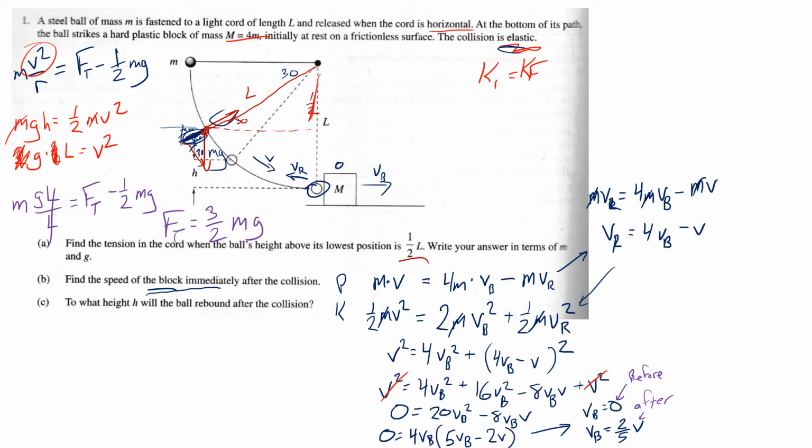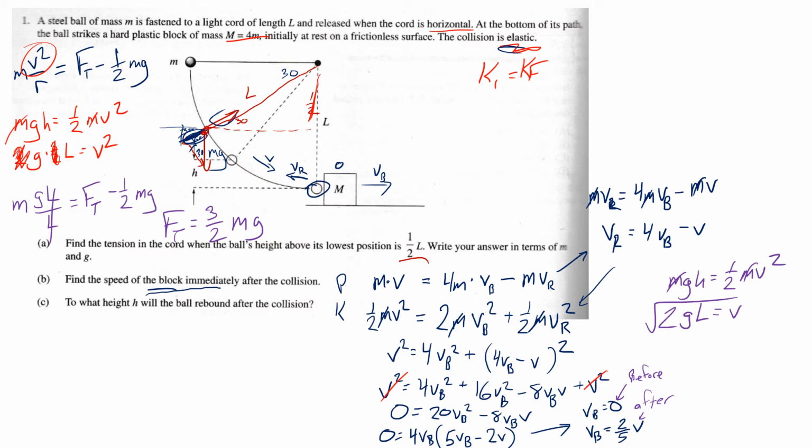But I know what you're saying. Well, what was the ball traveling on the way down? Well, funny you should ask, because mgh is equal to 1/2 mv squared. Cancel out those m's. G times h, it dropped by L, is equal to, well, let's kick that over there, v, and then we'll square root. So this is how fast the ball was moving.